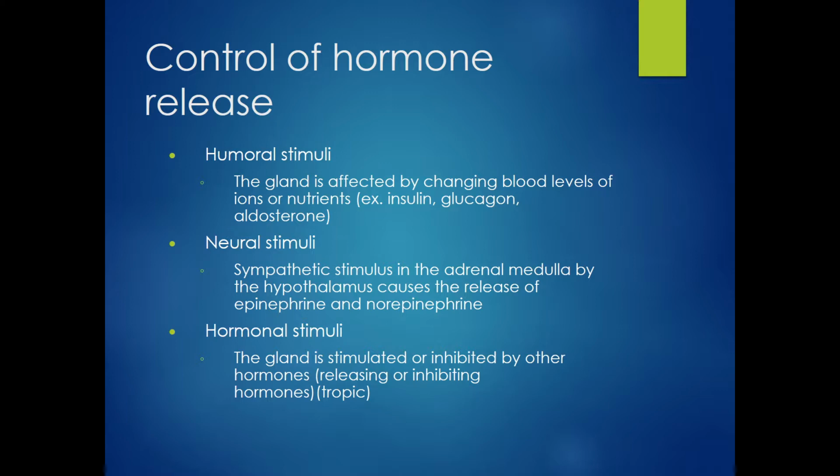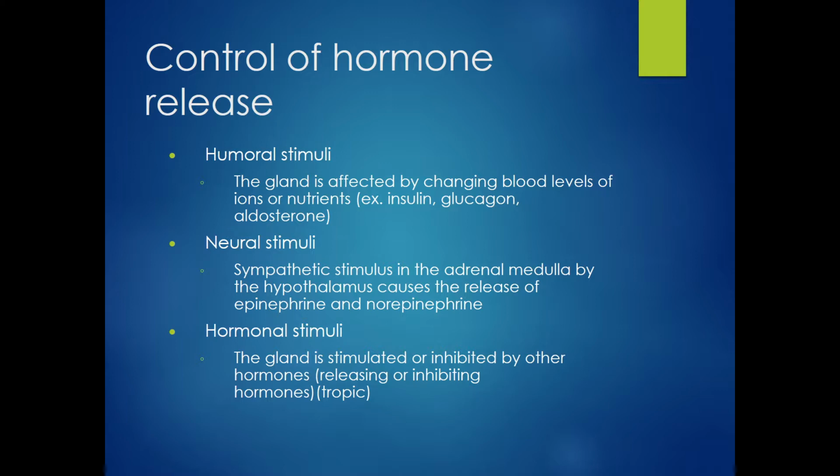Those are the presynaptic neurons, sorry. They come out of there and go to the adrenal medulla and release epinephrine and norepinephrine. Another neural stimulus, of course, is the release of oxytocin with uterine contractions, and a third neural stimulus is prolactin production due to the action of nursing a baby.